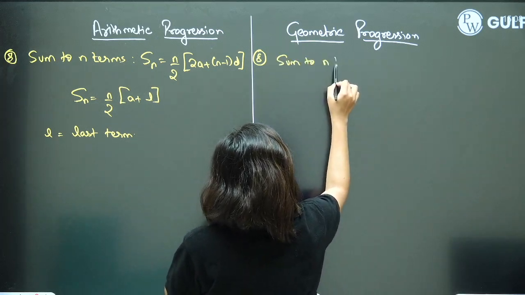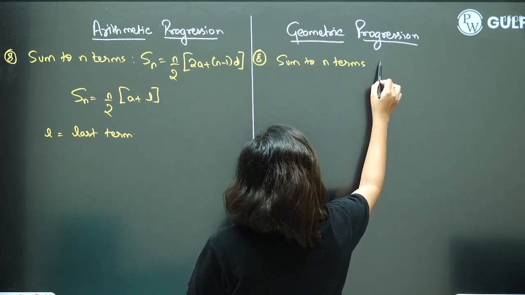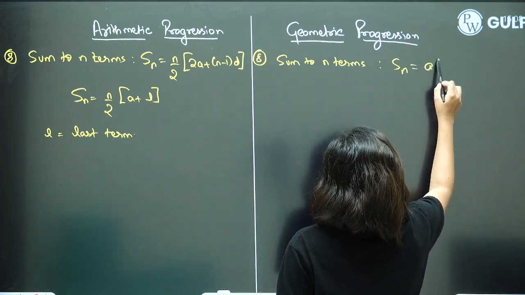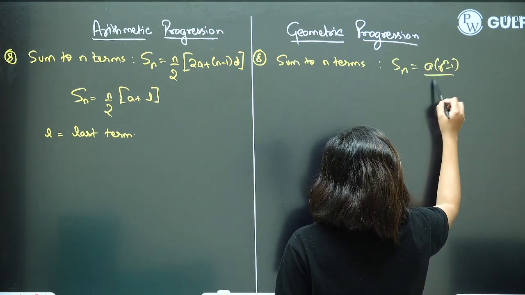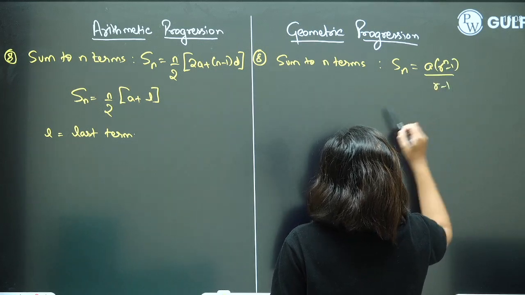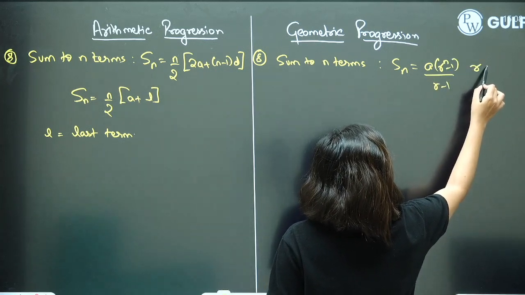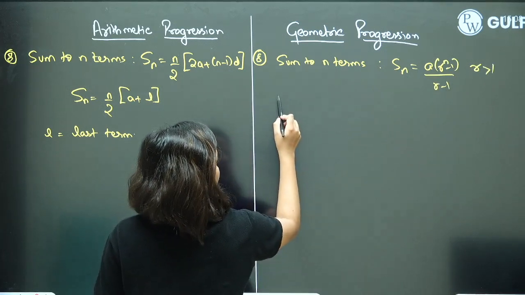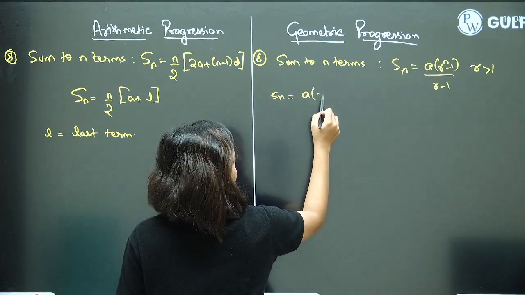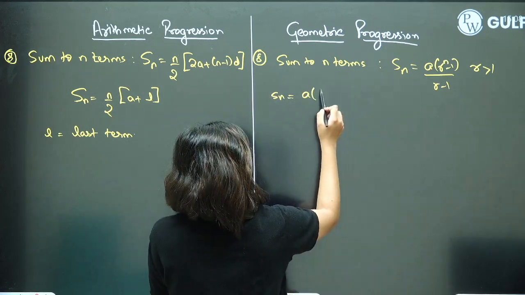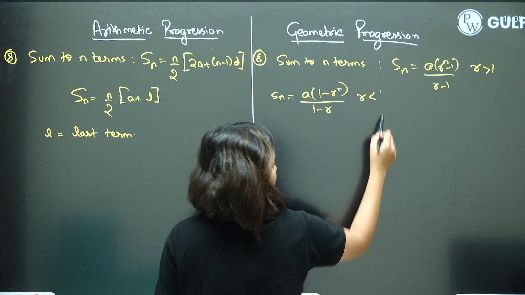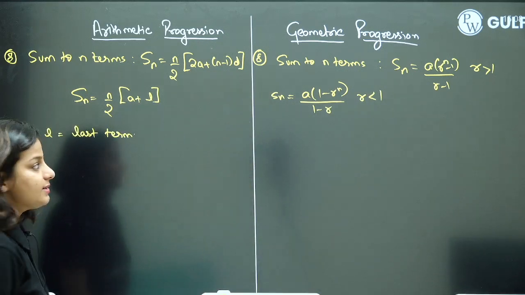Sum to n terms in a GP is given by the formula Sn, and there are two formulas: Sn equals a into r raised to n minus 1 upon r minus 1, for r greater than 1, and Sn equals a into 1 minus r raised to n upon 1 minus r.